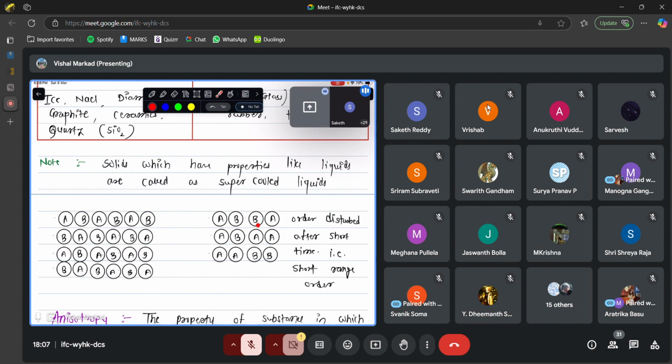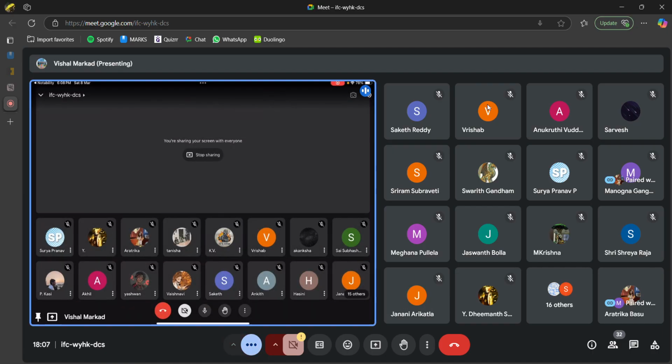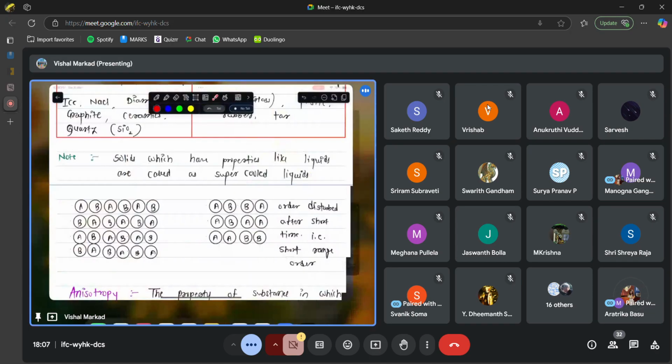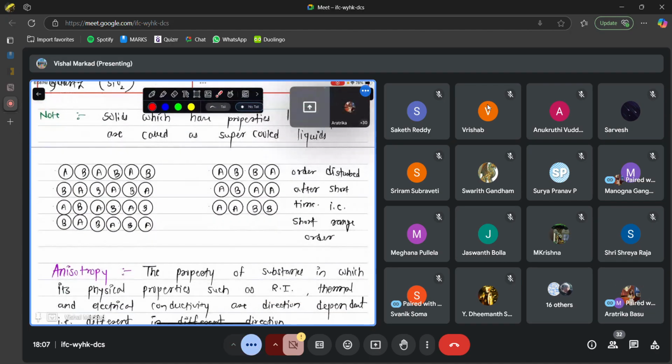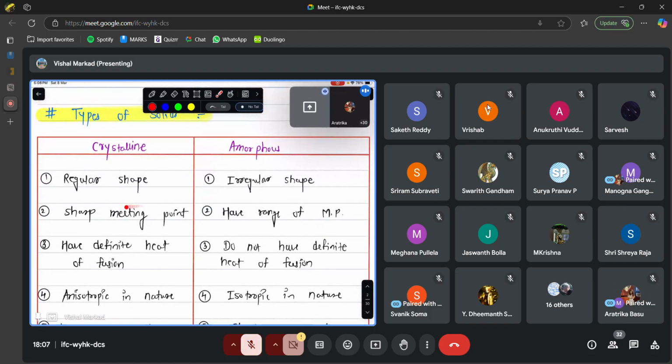When the atoms are not arranged in the proper way, those solids are called amorphous solids. Clear the basic definition of crystalline and amorphous? Yes, sir. Crystalline ones are where the atoms are arranged in a definite manner, and the amorphous ones are not arranged in a definite manner.